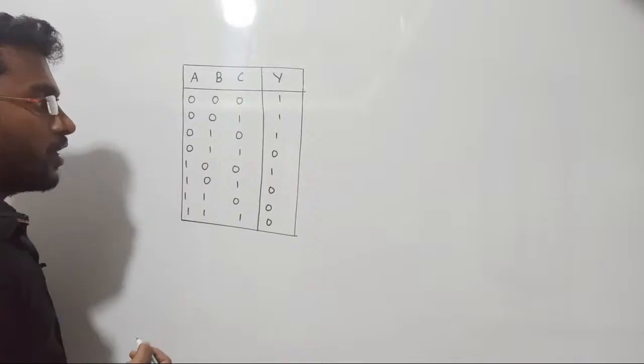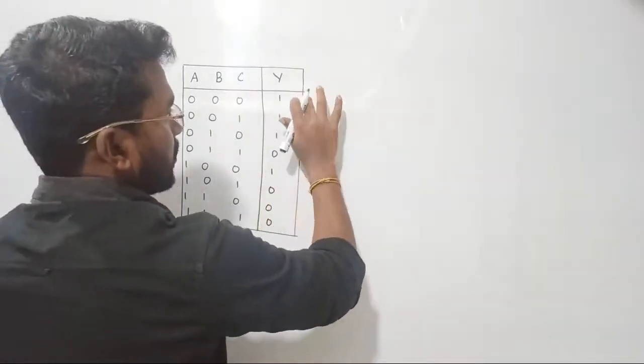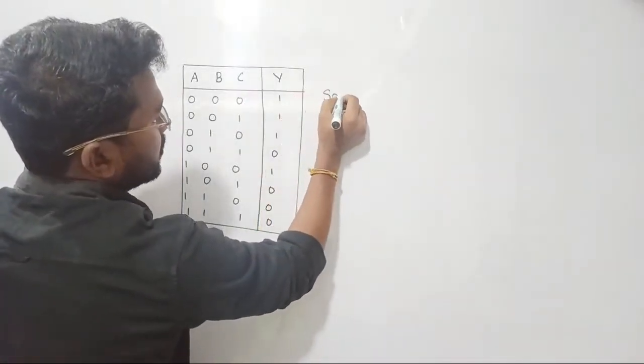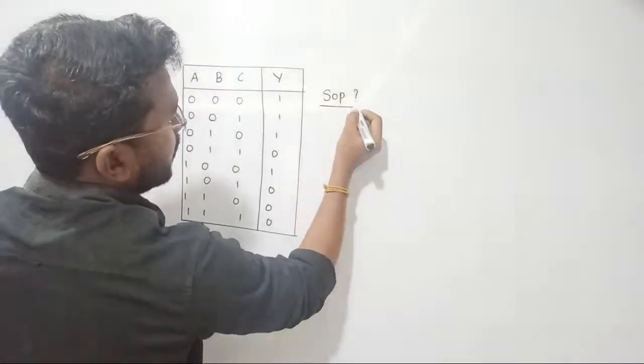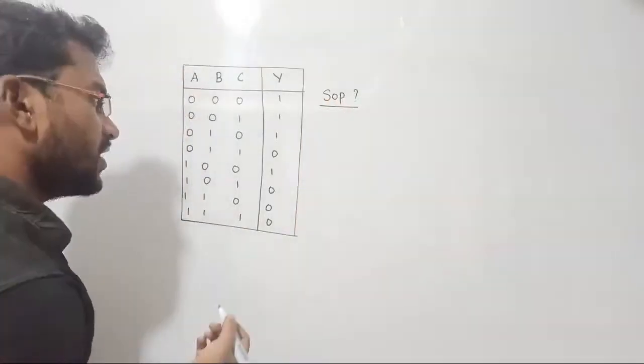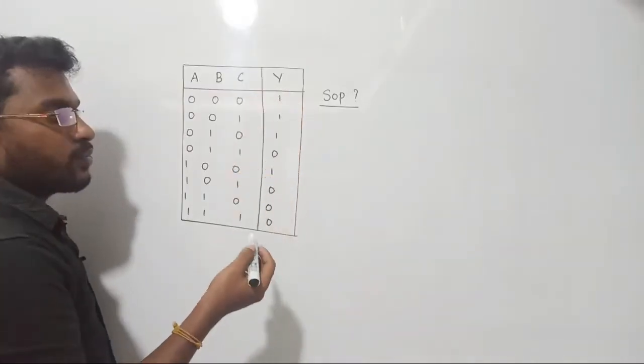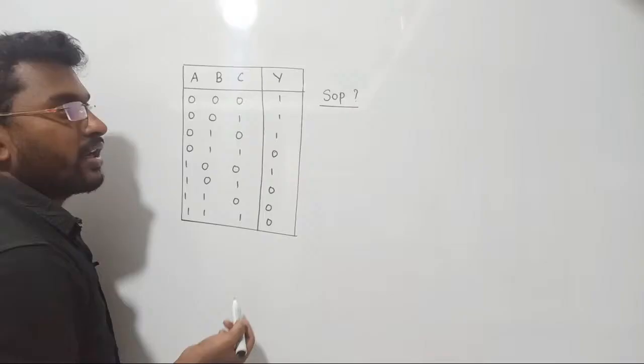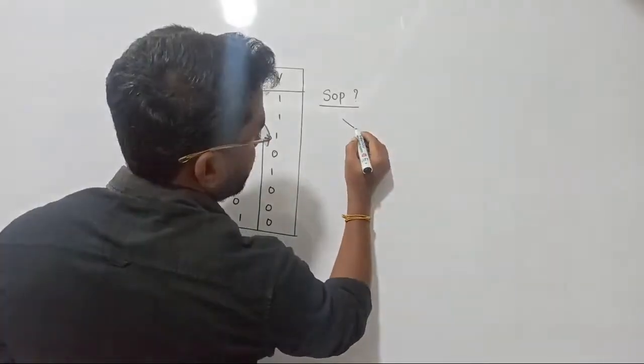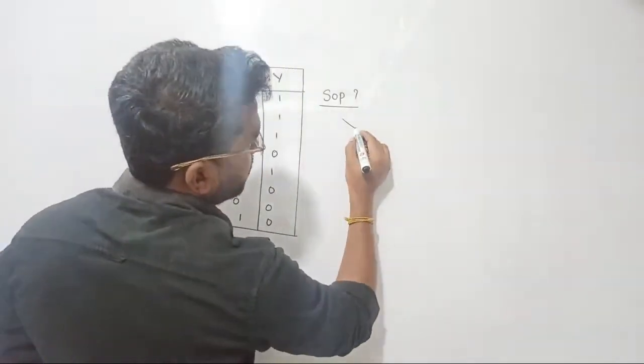Now we have to find its simplified expression in SOP form, sum of product. Sum of product means we have to consider 1s. In POS, product of sum, we have to consider zeros. Clear? Let's put these things into a K-map in order to bring the answer in one step.